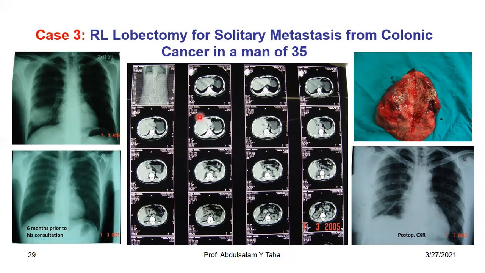CT scan of the chest and abdomen revealed no other metastasis. Therefore, the decision was taken to perform right thoracotomy and right lower lobectomy for this mass.